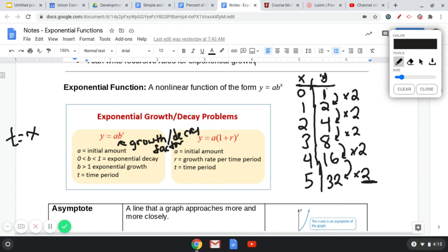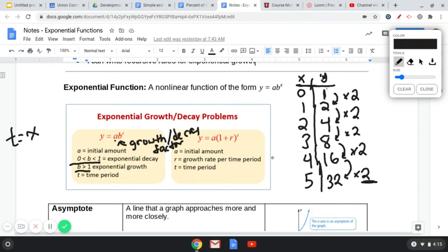If it's decay, then b is between 0 and 1. So it's a fraction between 0 and 1. But if b is larger than 1, then we got exponential growth, and we are growing exponentially. And then this a value right here will be whatever your initial amount is. So when x is 0, what is y?